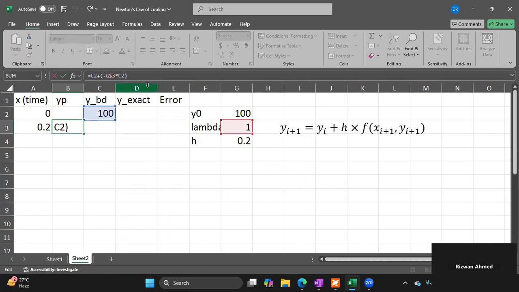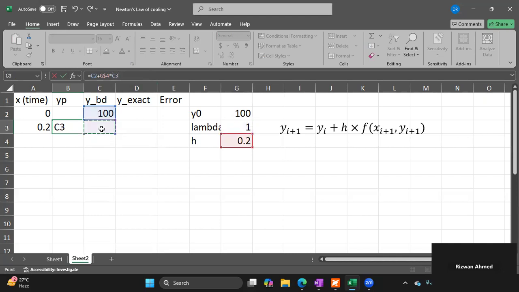Yes, it requires the h to be there: minus lambda times y, and h should also be multiplied. The h value is $4 times the function value. You can notice that in these parentheses, even though they are very small, these are the values, right? This is the function, minus lambda times y.